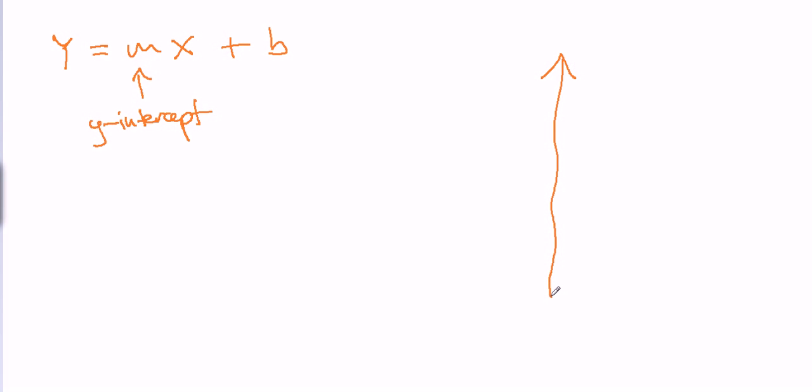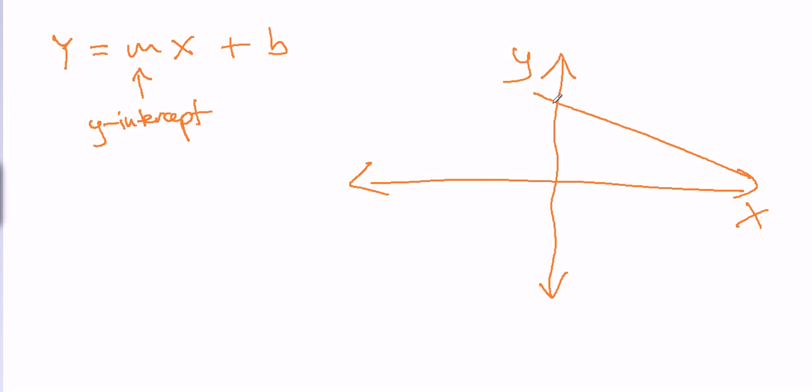Remember the equation of a line, you might have learned it as y equals mx plus b. Now m was the y-intercept. That's where the line crosses the y-axis. So if this is x and this is y and this is our line, this is the y-intercept.